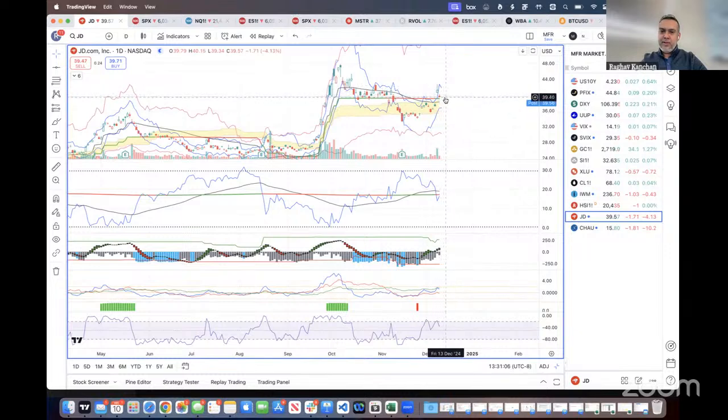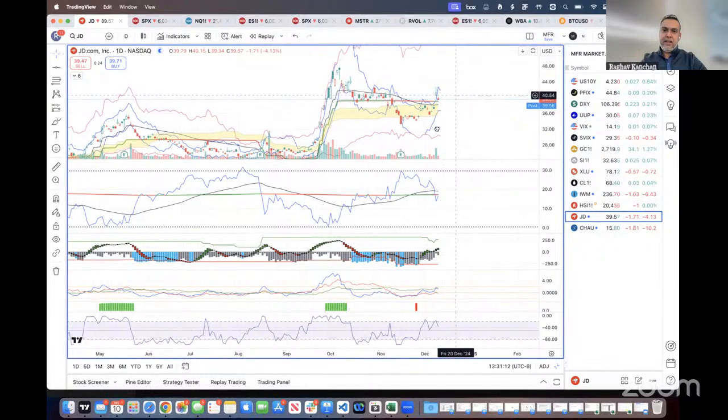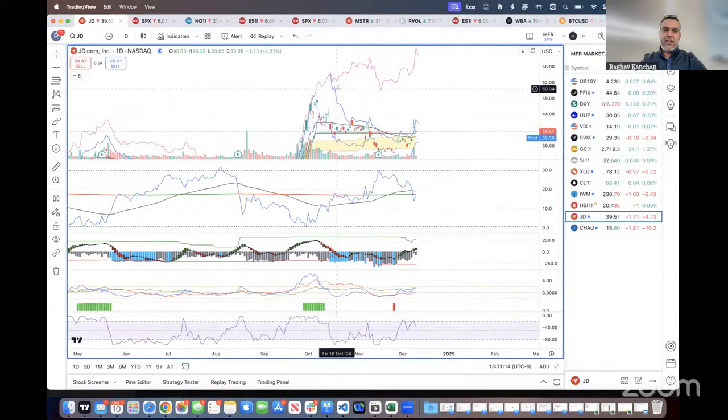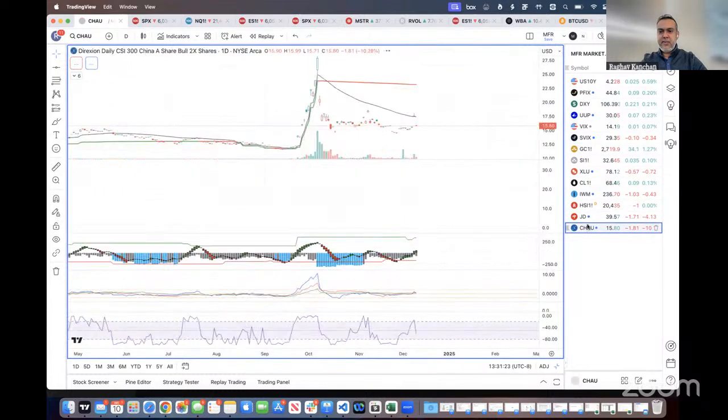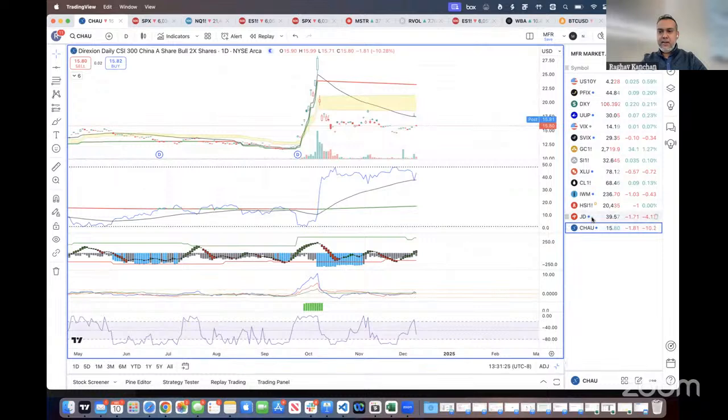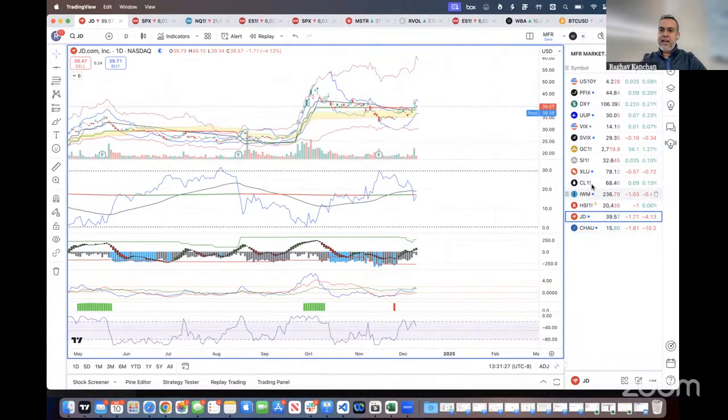This slight pullback today, it's looking good. It's still bullish in terms of the vola trend and the MFR trend. And again, the same things apply. The long-term ranges are looking very bullish and showing higher highs, and it seems to be a good signal. And this is a leveraged China ETF. So these are the things that I'm looking at.